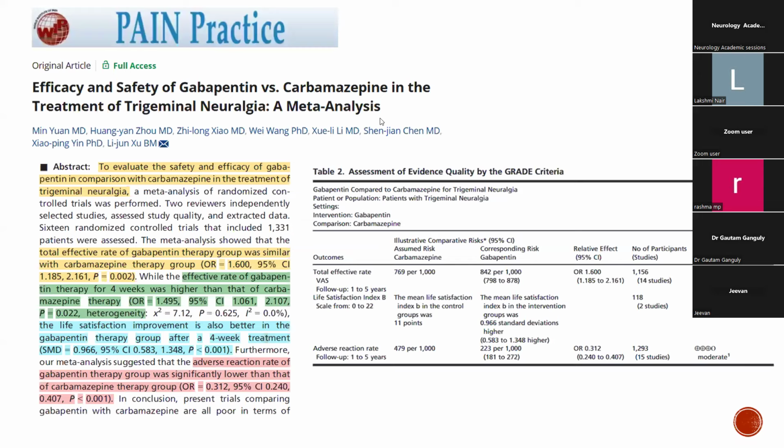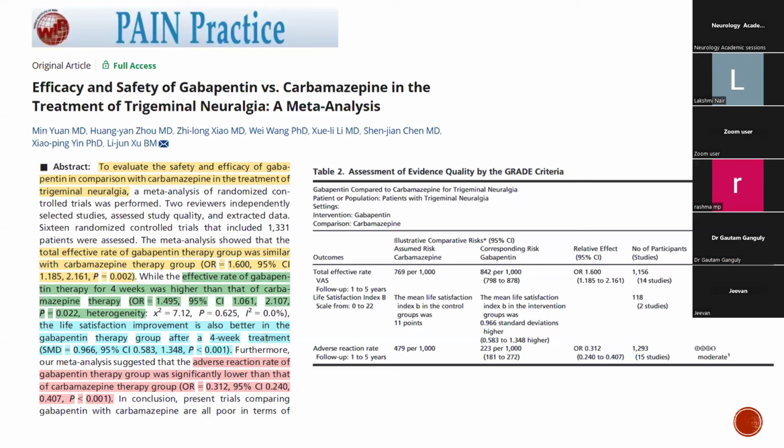So this is a meta-analysis which compared the efficacy and safety of gabapentin versus carbamazepine. This meta-analysis showed the total effective rate of the gabapentin therapy group was similar to the carbamazepine therapy group.